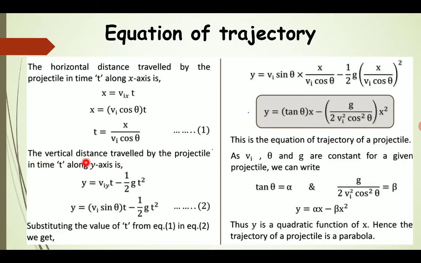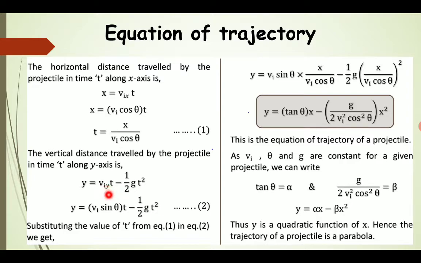Now the vertical distance traveled by the projectile is given using the second equation of motion, which is S equals ut plus 1 by 2 at square. Here the distance is along the vertical, that is y. So y is equal to the initial vertical component of velocity, Viy, multiplied by time.